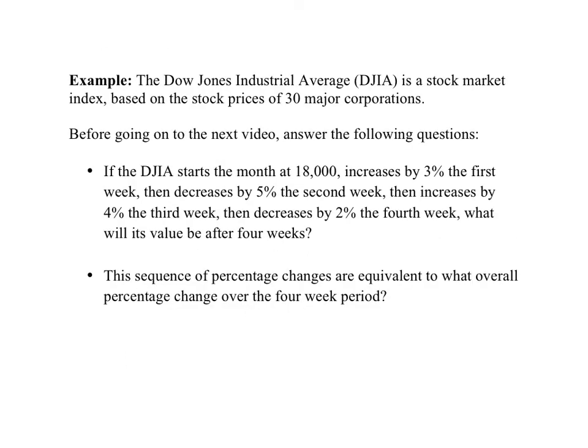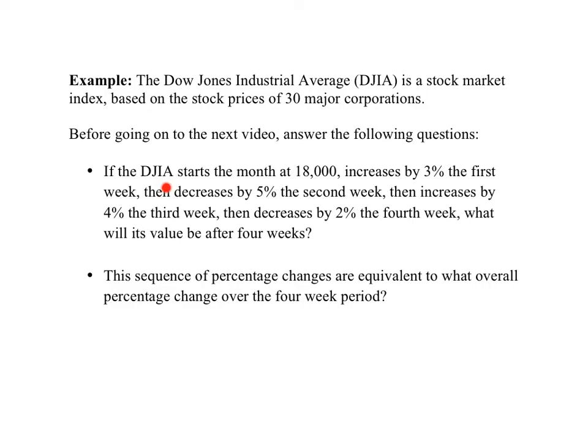The Dow Jones Industrial Average, abbreviated DJIA, is a stock market index based on the stock prices of 30 major corporations. It's used as a barometer of the overall health of the stock market. Before going on to the next video, answer the following questions.